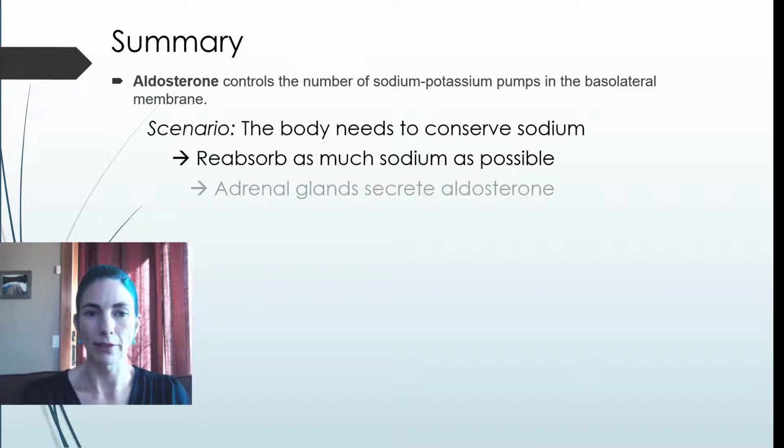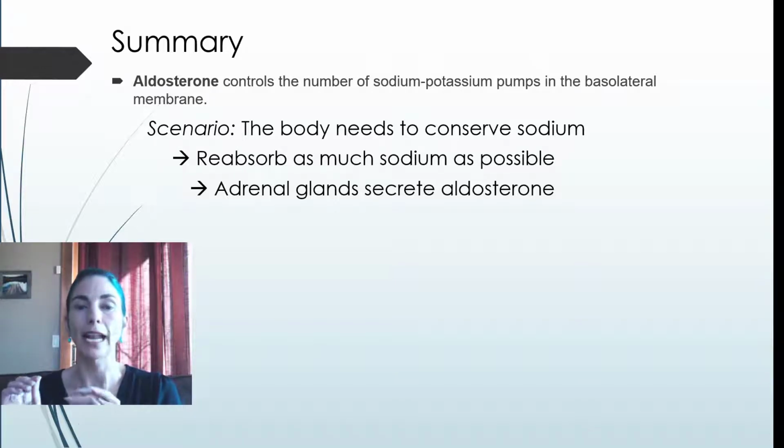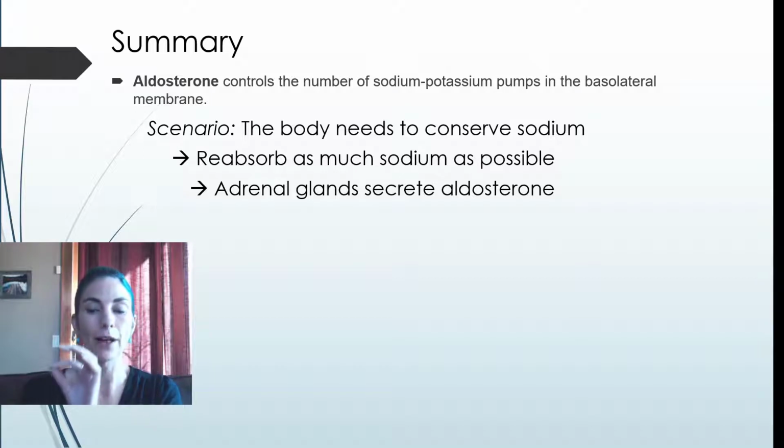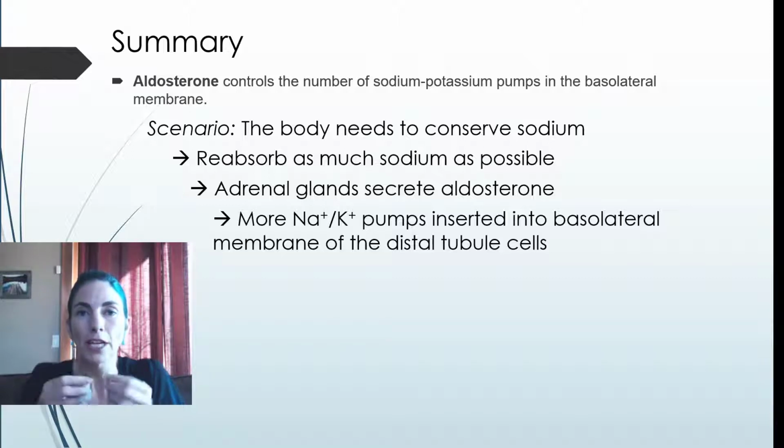Okay, how do we do that? Well, the adrenal glands are going to secrete aldosterone. So the adrenal glands will secrete aldosterone, and then aldosterone is going to act on the basolateral membrane of the distal tubule cells. And it's going to tell those cells to insert more sodium-potassium pumps into the membrane.